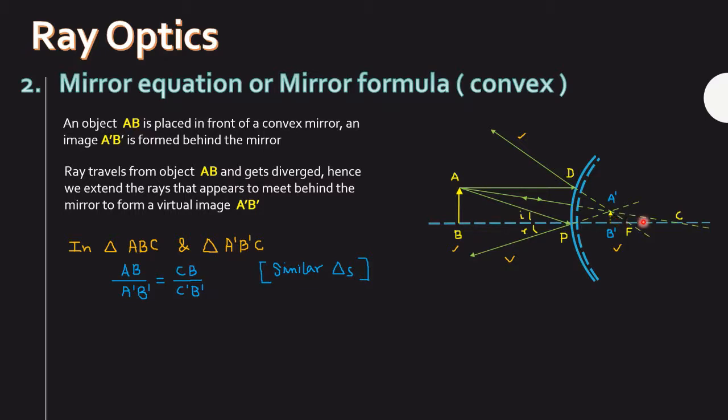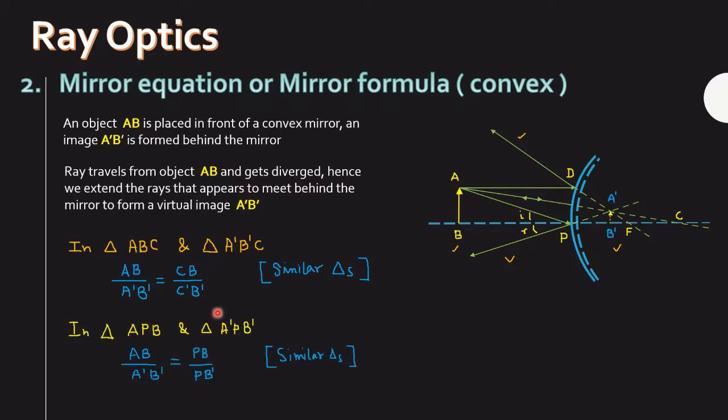Then they share a common angle C, and thus the third angle will also be the same, and hence these two triangles are similar. With their similarity property, we write AB divided by A prime B prime is equal to CB, that will be their base, divided by C prime B prime.